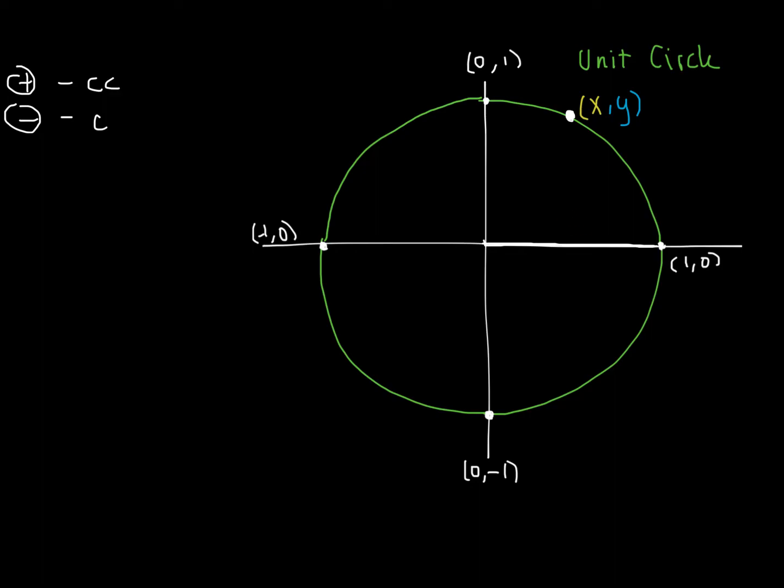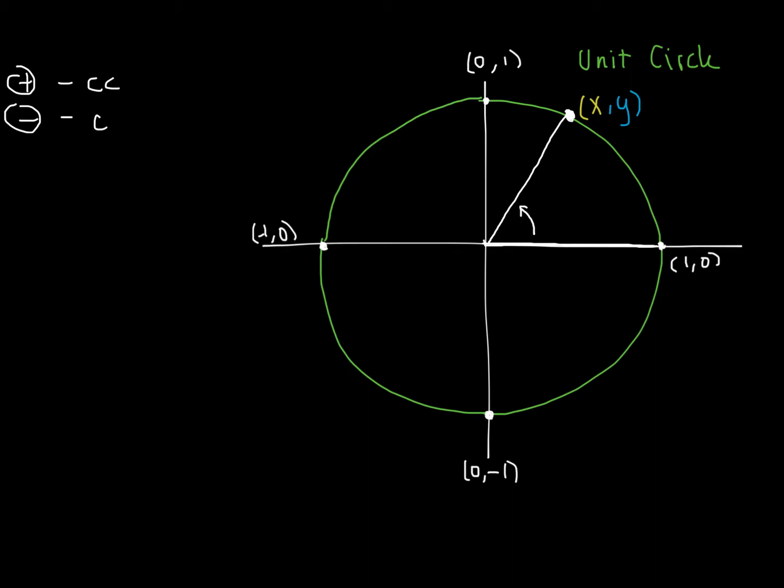This is what's called the terminal side of an angle. We start at the positive x-axis and rotate counterclockwise, and when we stop, this is the terminal side of the angle, and the point (x, y) will be defined as the point on the unit circle once I've rotated a certain number of radians.